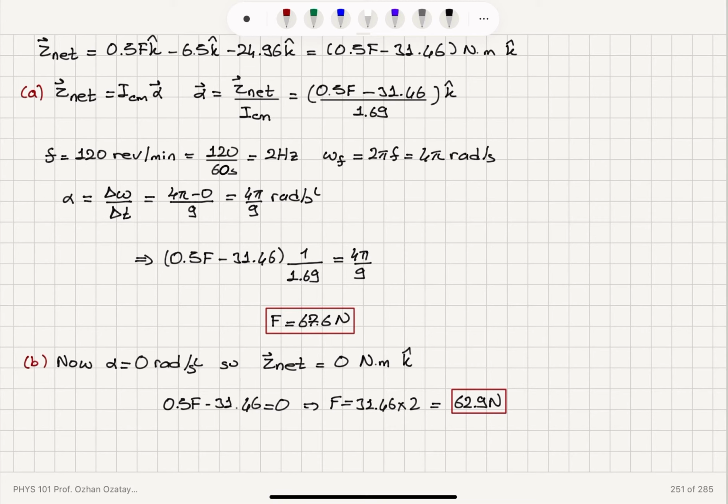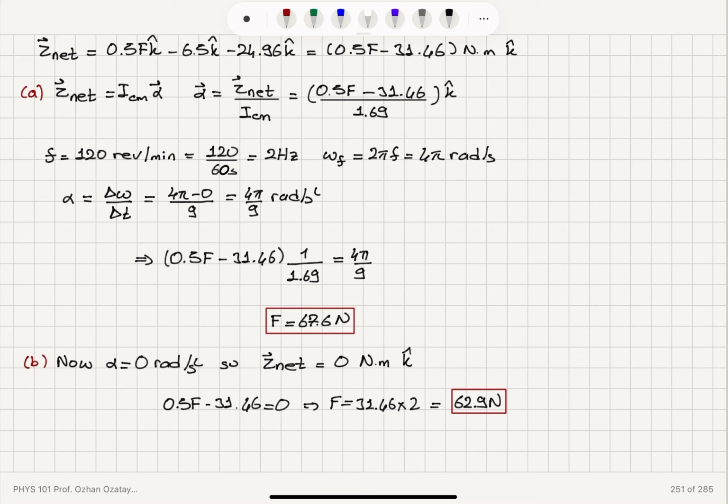The net torque is equal to I alpha according to Newton's second law in rotational form, so we can pull alpha as a function of F from this equation. Given that we have a final frequency of 120 revolutions per minute, that's equivalent to 2 Hertz, final angular speed is 2 pi f, which is 4 pi radians per second.